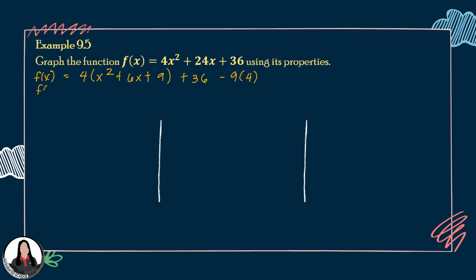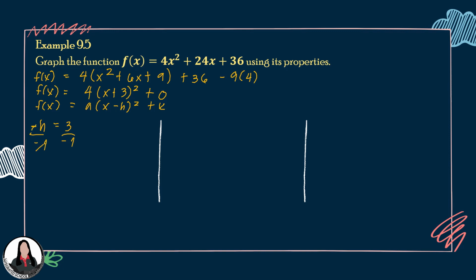Okay, and then f of x is equal to 4 times x plus 3 quantity squared plus 0 because 36 minus 36 is 0. Okay, so simply h or negative h, kasi yun yung nasa pattern natin. Yung pattern kasi natin sa vertex form is f of x equals a times x minus h quantity squared plus k. So for h, we have negative h equals positive 3. So let us divide both sides by negative 1.